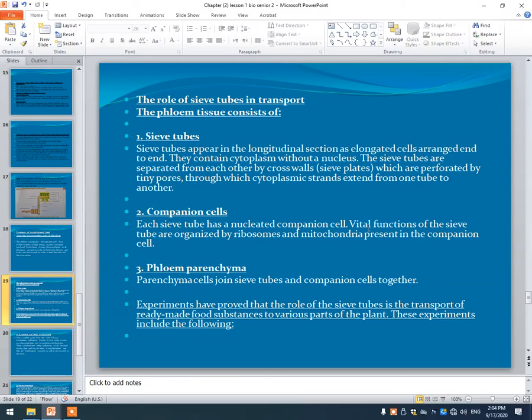Also, we have said that each sieve tube has a neighboring nucleated companion cell which provides the sieve tube with energy. After that, the phloem parenchyma: parenchyma cells join the sieve tube and the companion cell together. Experiments have proved that the role of sieve tubes is to transport ready-made food substances to various parts of the plant.